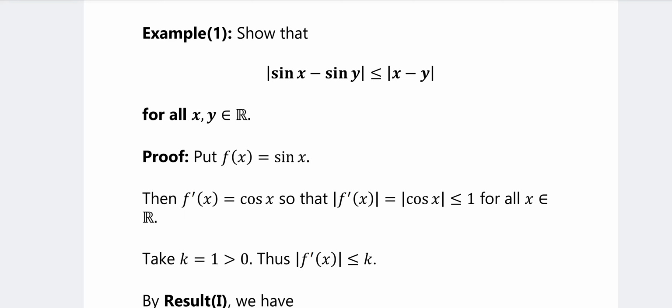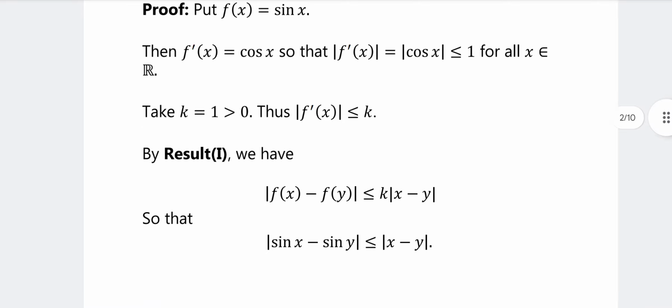So I can take my k greater than 0, so the absolute value of the derivative is less than or equal to k. So I am going to use result 1. Result 1 was this one. So the absolute value of f(x) minus f(y) is less than or equal to k times the absolute value of x minus y, so that the absolute value of sin x minus sin y is less than or equal to k times the absolute value of x minus y. So my result is proved. That is why I have proved this.